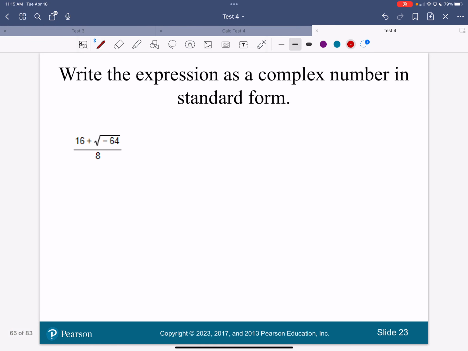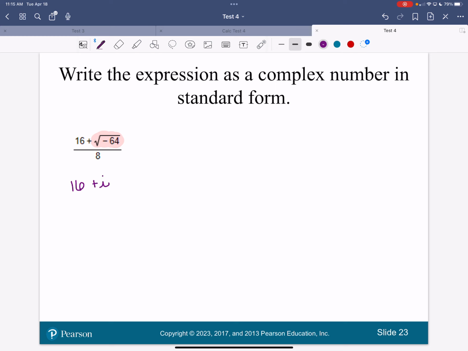So now what we are going to do is simplify this division. The first thing that I want to address right here is this square root of negative 64. So I'm just going to leave my 16. Now, when I take the square root of negative 1, what is the square root of negative 1? i.